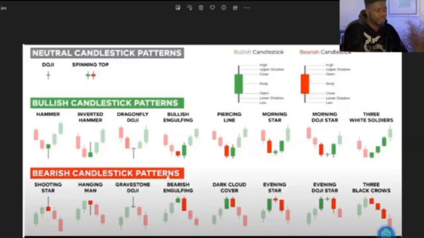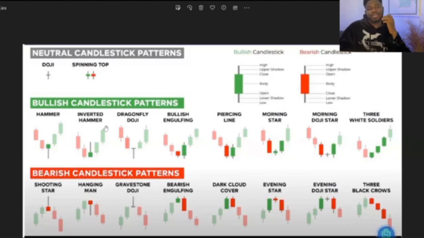So the next candle we will talk about is the inverted hammer. This inverted hammer, we don't mostly use it. Actually, what I want to show in this video is the most important candlesticks that have high probability. There are high probability setups.